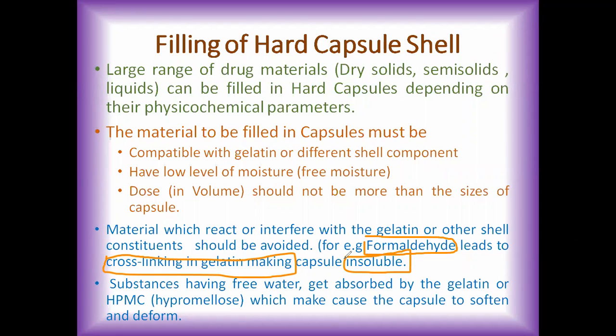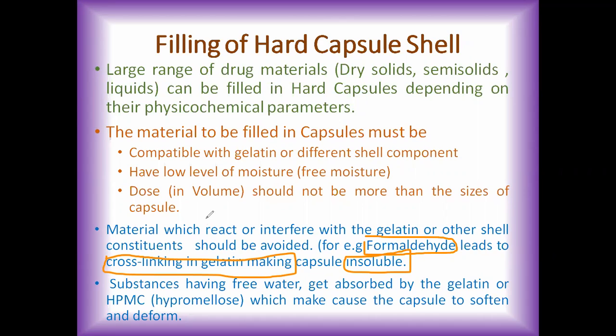You should know certain kinds of examples also, because whenever we develop a dosage form, we have to see the drug interaction, and drug-excipient incompatibility studies we have to carry out. So we have to be careful when we use any material to be filled in hard gelatin capsules.